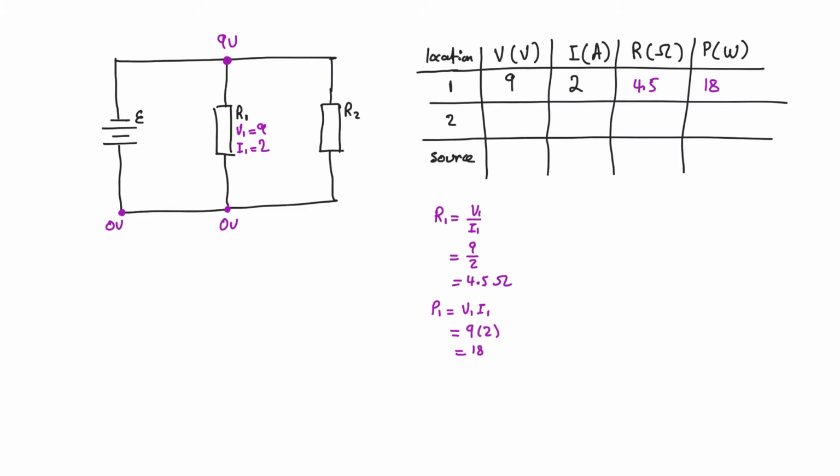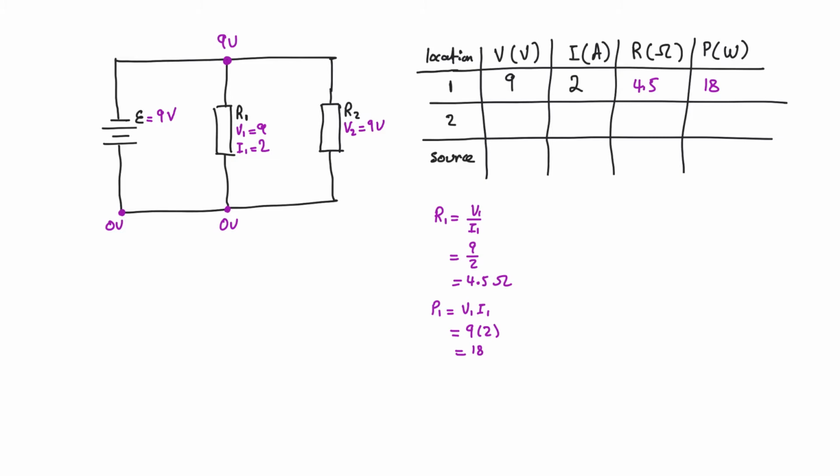So that gives us a lot of information about our circuit. It will tell us that the voltage drop here is 9 volts, and it will tell us that the EMF, or the energy coming from the source, for 1 coulomb of charge is also 9 joules, so that means the EMF is also 9 volts.